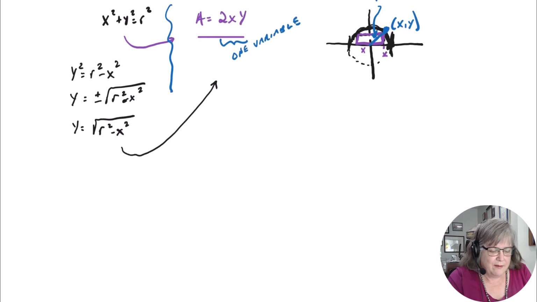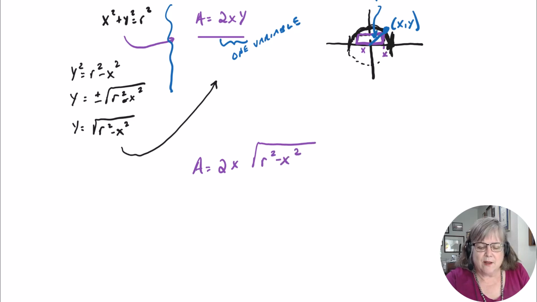So I would have the area equals 2x square root of r squared minus x squared. Now, some people may look at this and go, but you still have two variables because now you've got x squared, but you've still got r squared. But keep in mind that r is just a placekeeper for a specific value of r that somebody would give you.